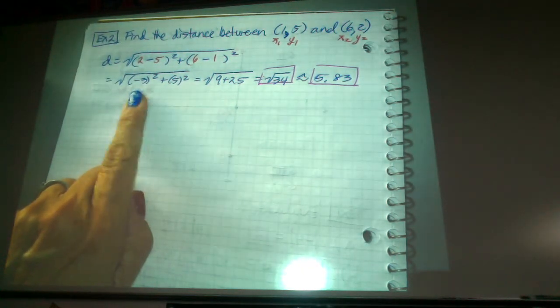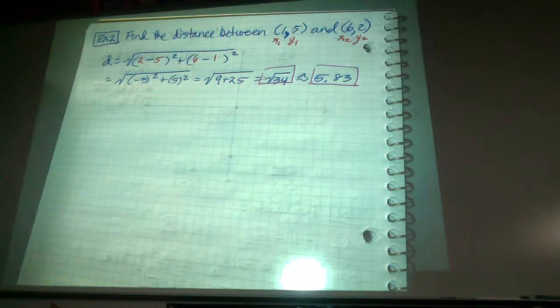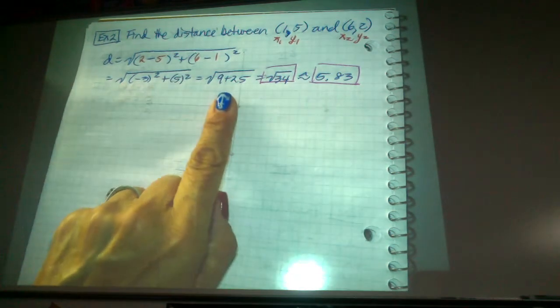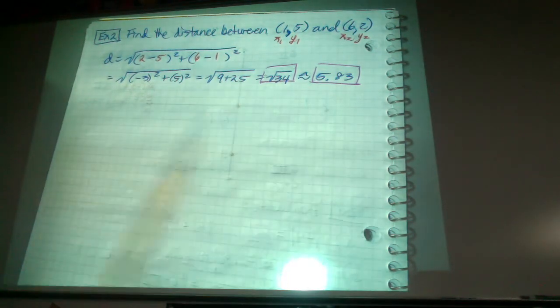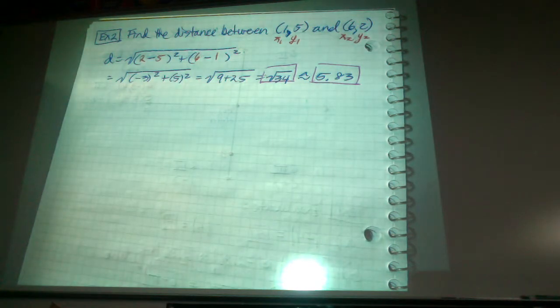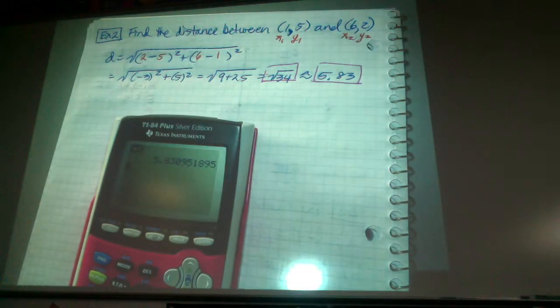It doesn't matter because when we square those, we should all come out with 9 plus 25 there. Square root of 34 cannot be simplified, so that would be the correct exact answer. But then if you plug it into your calculator and round to 2 decimal places, you get approximately 5.83. So we're good with that.